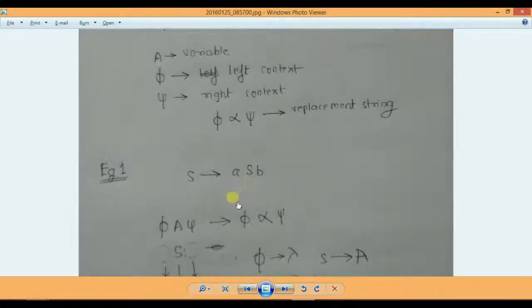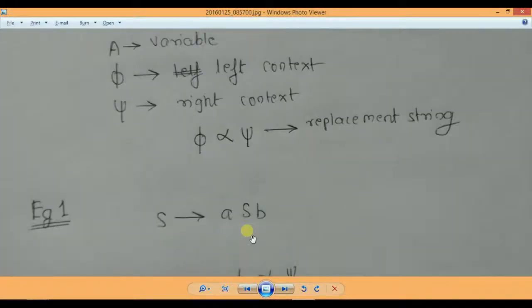Okay, let's take an example. S tends to a S b, small a, capital S, small b. Now if you remember, I explained variables are capital letters and terminals are small letters. This is the convention used.